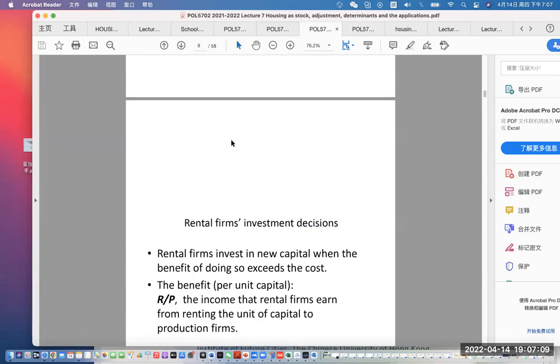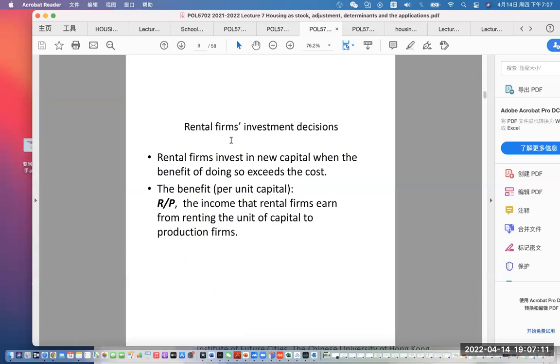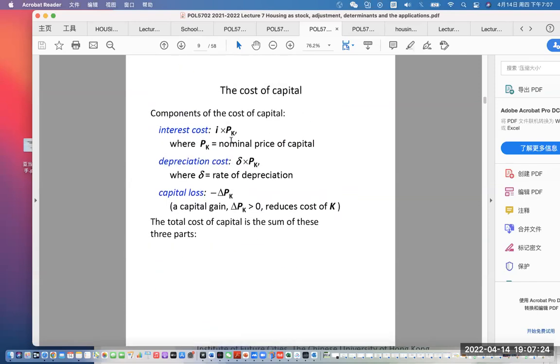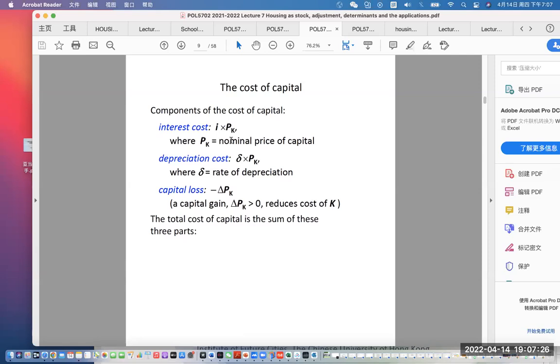And then we look at their reinvestment decisions, where the benefit is divided by P. That means the income that the rental firms will earn from renting the unit of capital to production firms. And this is a cost of capital showing interest cost, depreciation cost, and capital loss.